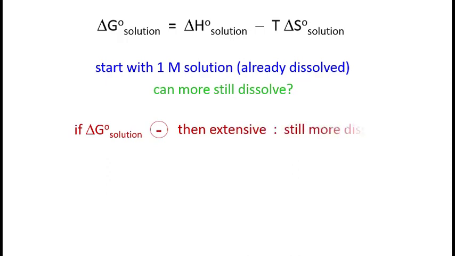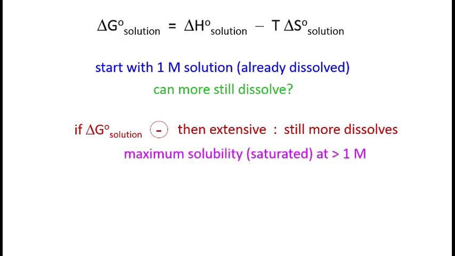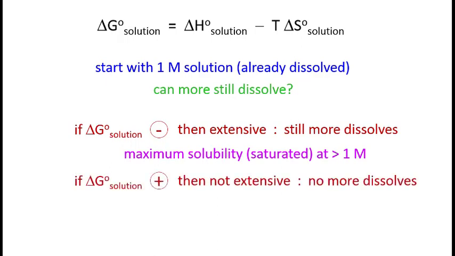If the value of delta G0 of solution is negative, then the reaction is extensive. Still more dissolves. That means that the maximum solubility, or where the solution becomes saturated, is at greater than 1 molar concentration.